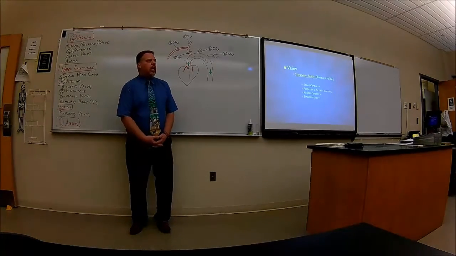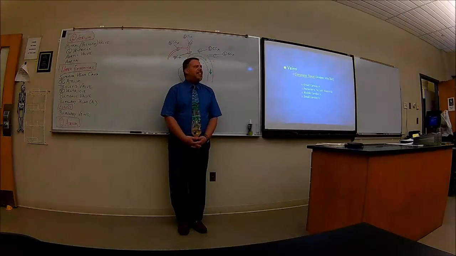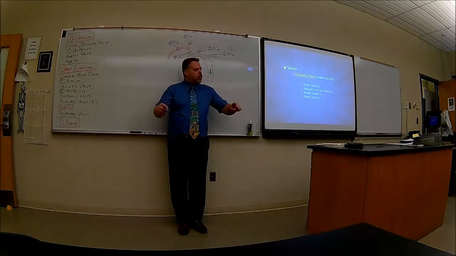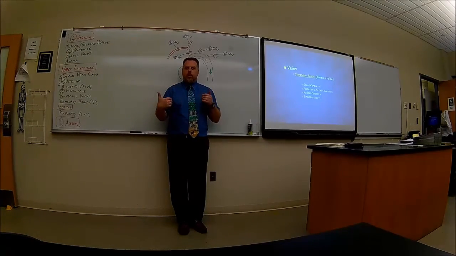The coronary sinus is going to drain or bring back deoxygenated blood from the muscle of the heart. So the coronary arteries give blood supply to the muscle of the heart. The coronary sinus is going to bring back deoxygenated blood from the muscle of the heart.